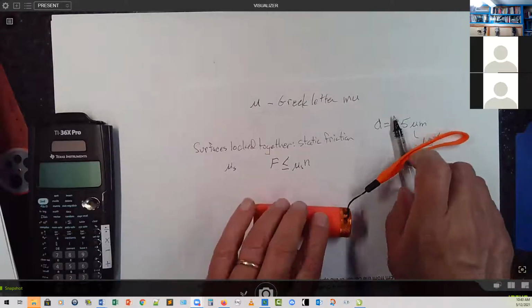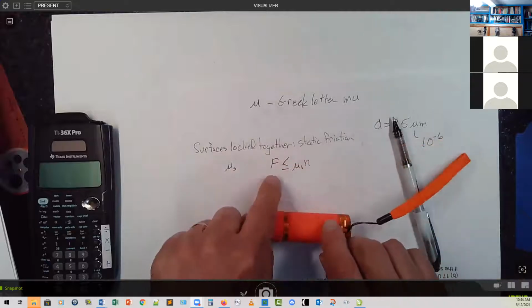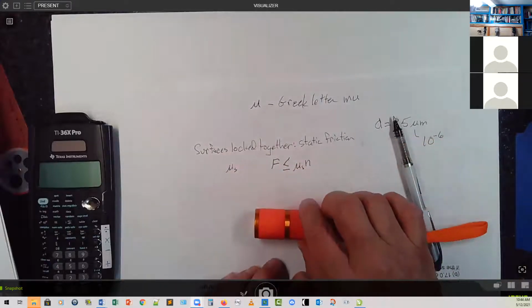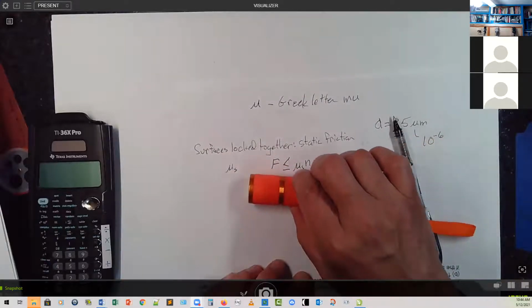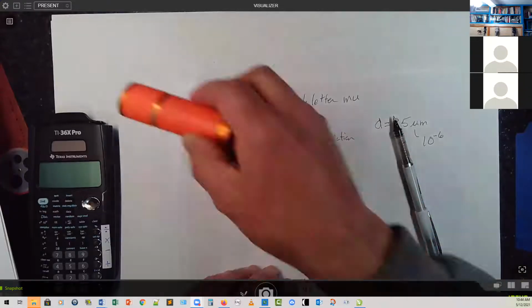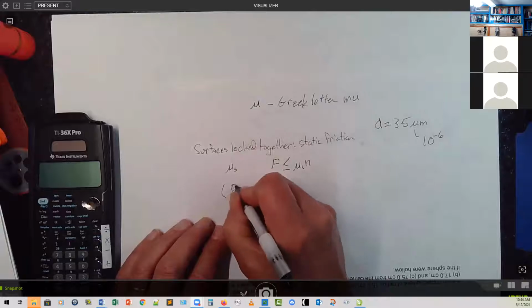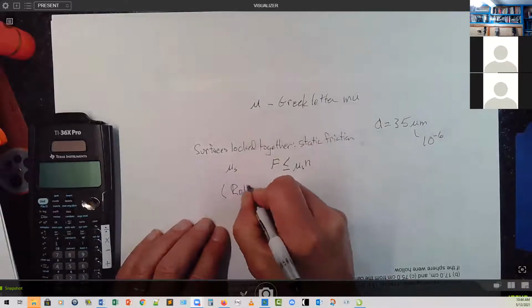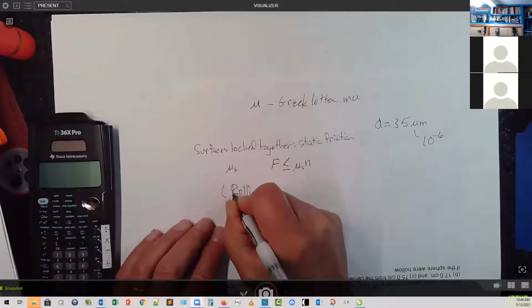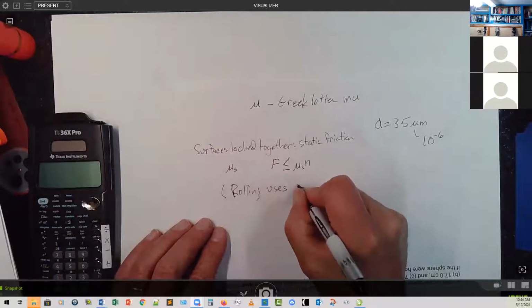And so rolling motion uses static friction. It's when the thing locks up and you start to slide that you begin to use the other kind of friction. So that's an important point. Rolling, if it's pure rolling, uses static friction.